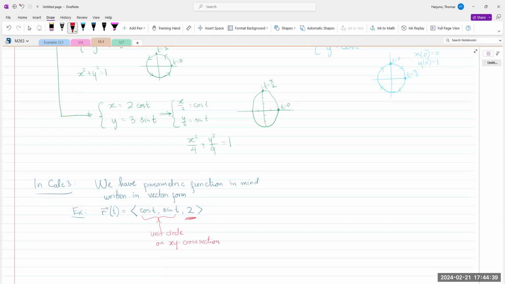Then what happens? Let's take a look in 3 dimensions. That's not what I want to do though. Why does it look like that right now? This one. Yeah. In 3 dimensions, it will be at the height of 2 units. I draw that unit circle.